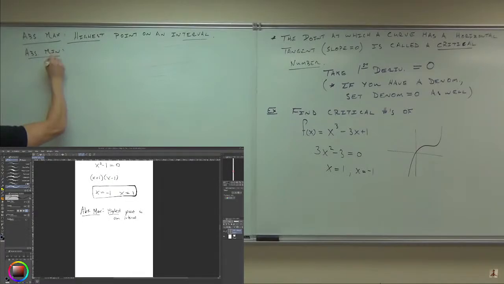Well, then that would mean the absolute min means the lowest point on an interval as well.